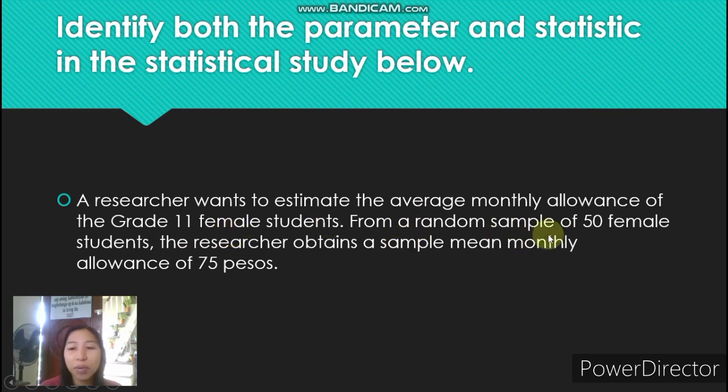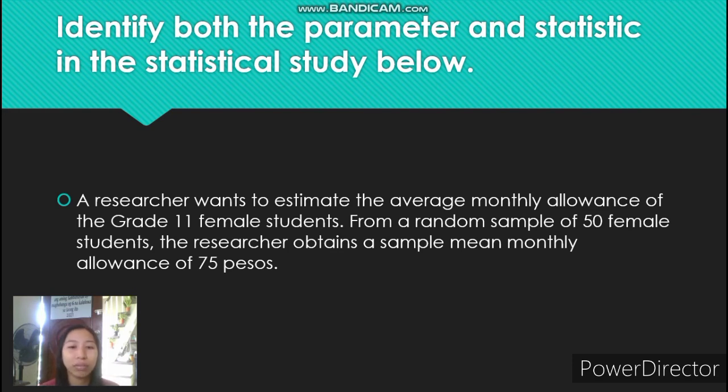From a random sample of 50 female students, the researcher obtains a sample mean monthly allowance of 75 pesos. So in this problem, where is the parameter and where is the statistic?